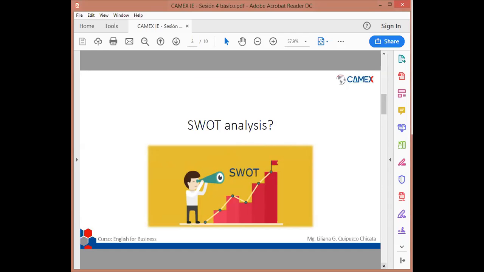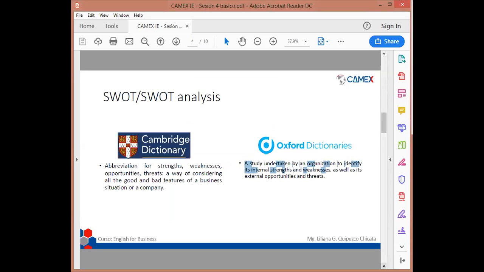So, according to the dictionaries, what's the meaning of SWOT analysis? A SWOT analysis is the abbreviation for strengths, weaknesses, opportunities, and threats. Also is a way of considering all the good and bad features of a business situation or a company.